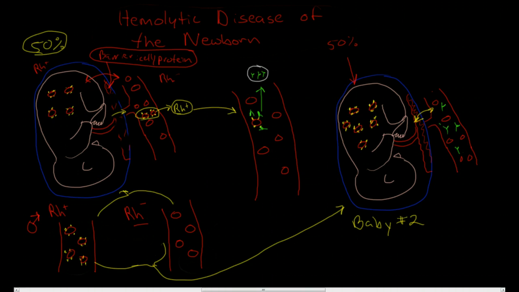But again, during pregnancy it's not a problem because this placenta is intact. What happens is during birth the blood-placenta barrier is broken down again, and it's broken down for long enough for a significant number of these antibodies to enter the baby's bloodstream.